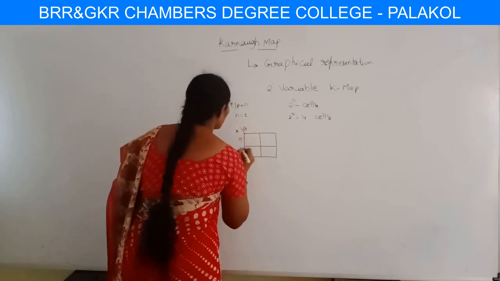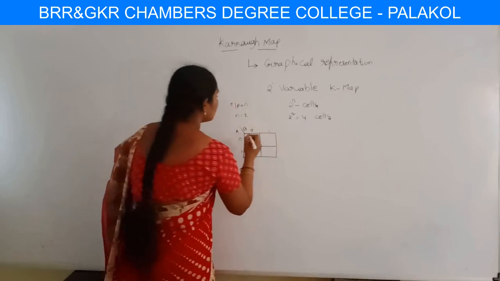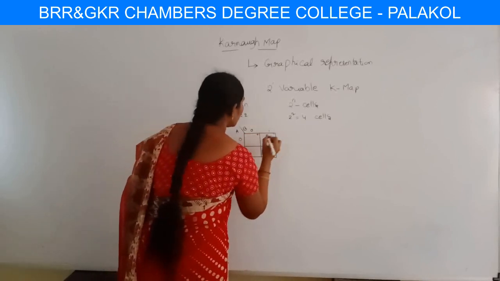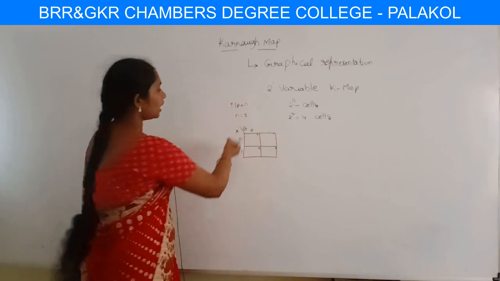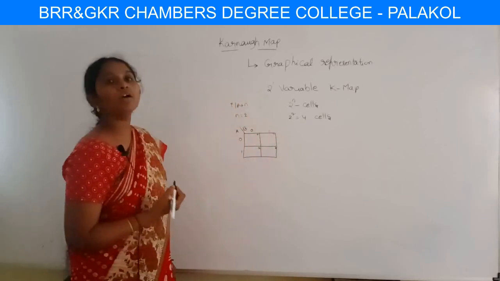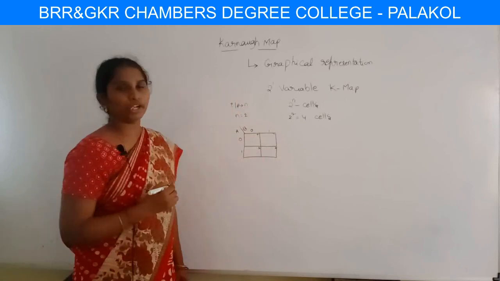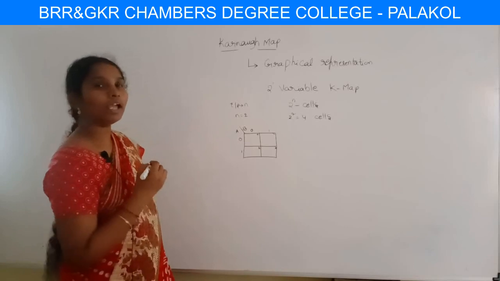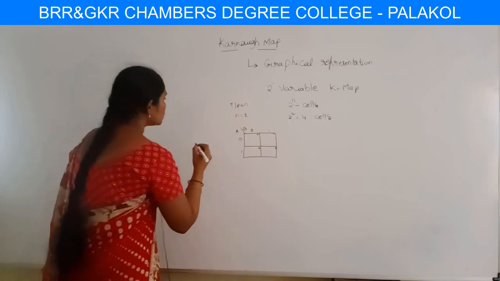So here 0 and 1, and this is 0 and 1. Therefore the cells are numbered 0, 1, 2, 3. In this way you have to represent the 2 variable K-map. So this is the graphical representation of the 2 variable K-map.